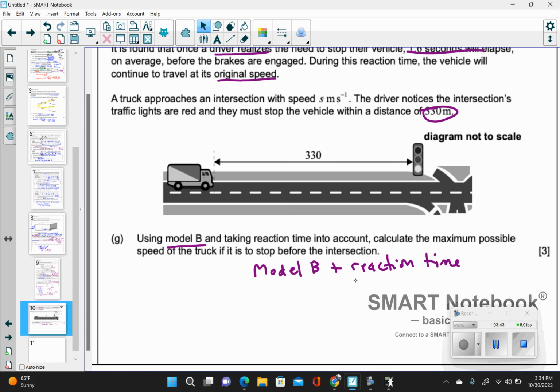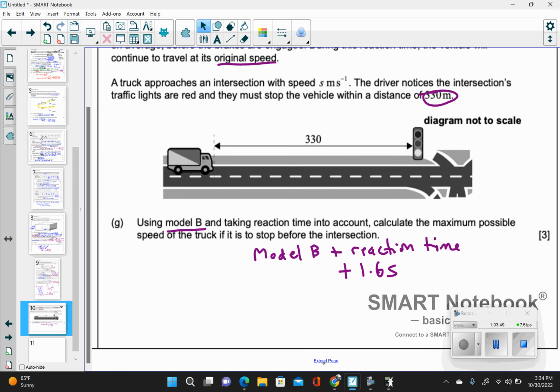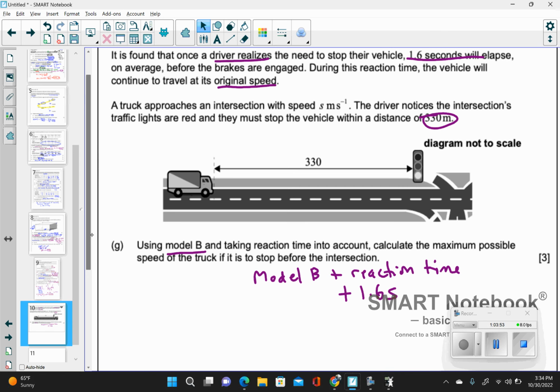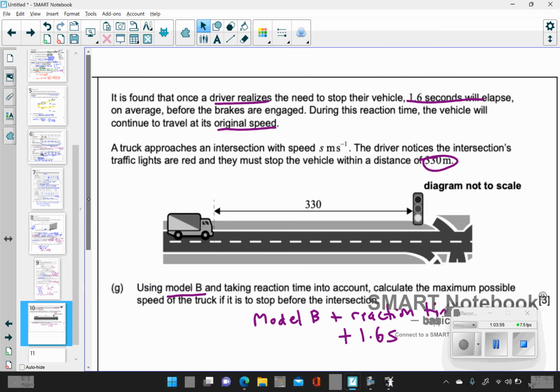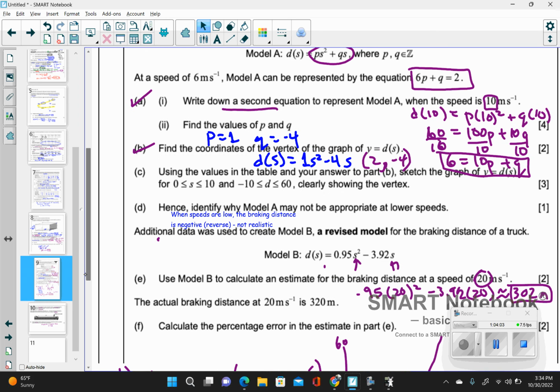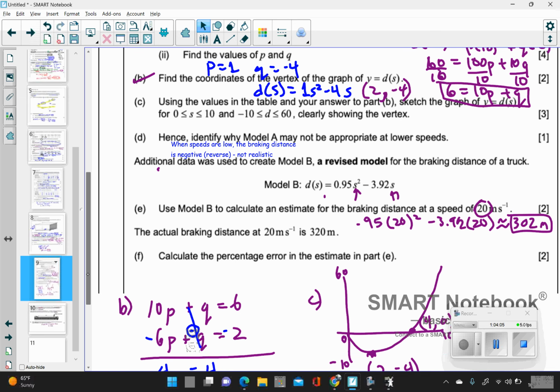So that's plus 1.6 s, because that accounts for the reaction time. And they give us Model B, don't they? They do. Where's Model B? Yeah, we found Model B previously. Over here. Right here, Model B is 0.95 s squared minus 3.92 s. So we're going to do that.